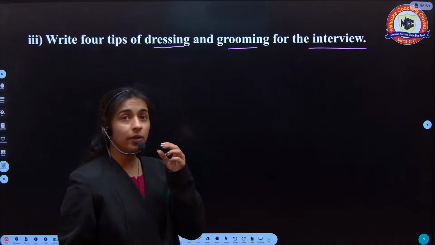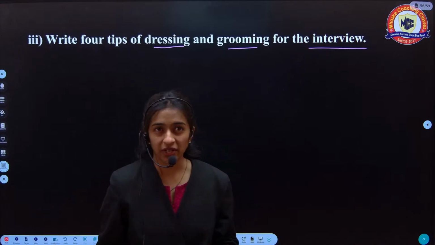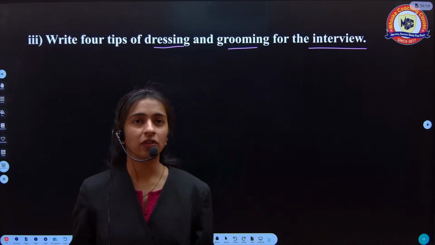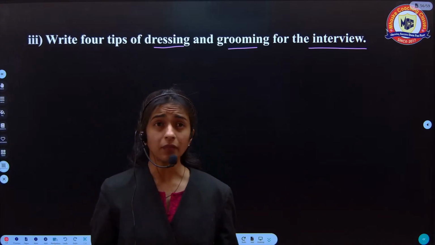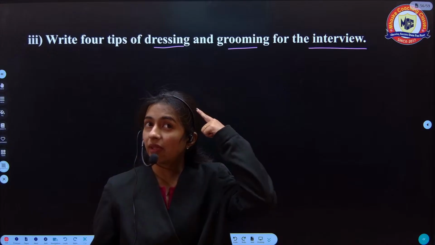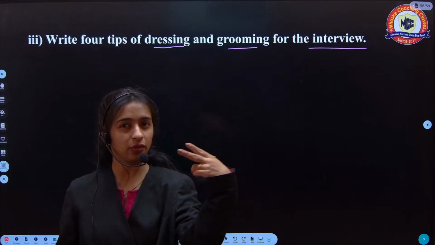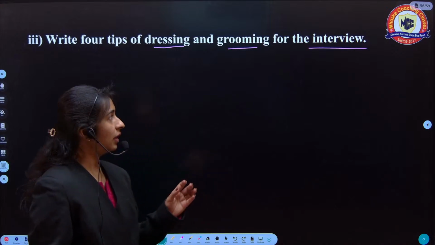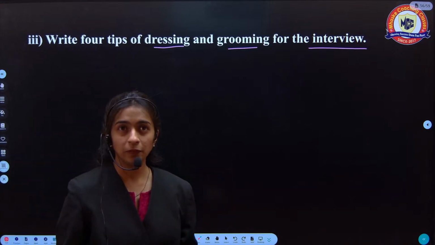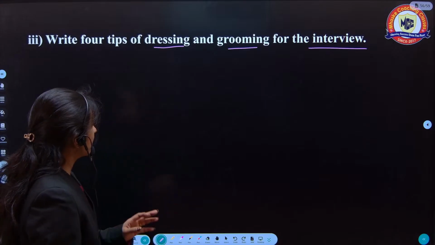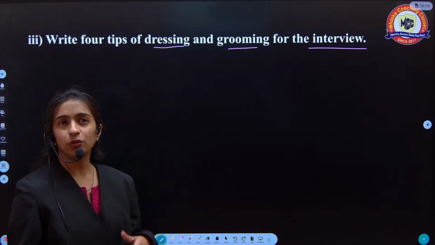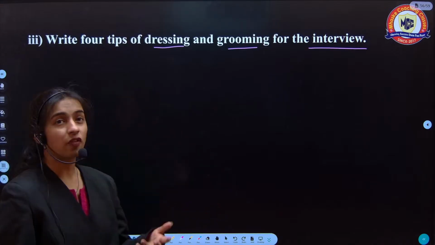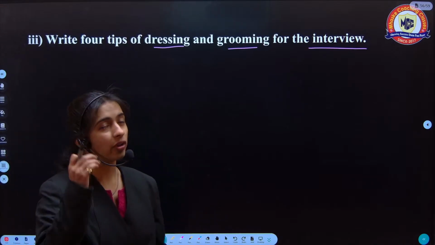You have to make sure that you are looking professional, you are carrying and building that aura of professionalism. And the second one is grooming. It's all about your haircut, trimming, your nails, and everything is the way it has to be. Of course, you're a college student, so you can give these tips to your friends whenever there is an interview in your college.